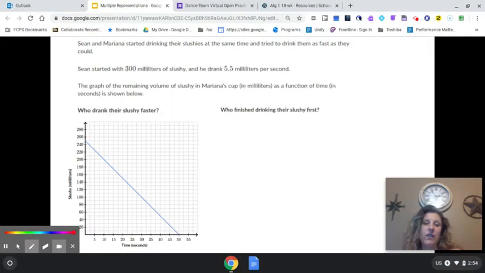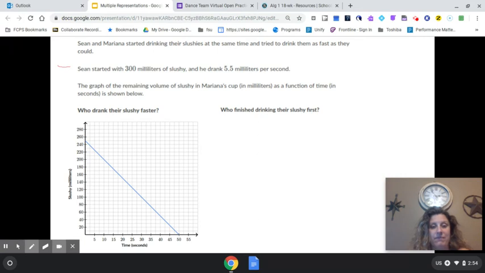Okay, so first of all, Sean's is given in words, and Mariana's is given in a graph. So this is Sean, this is Mariana. Okay, so in order to determine this, we have to compare their slopes. Who drank their slushy faster is asking us who had the greater slope.